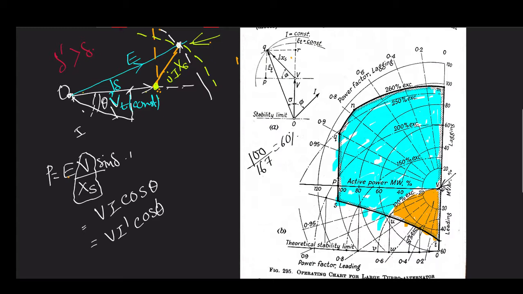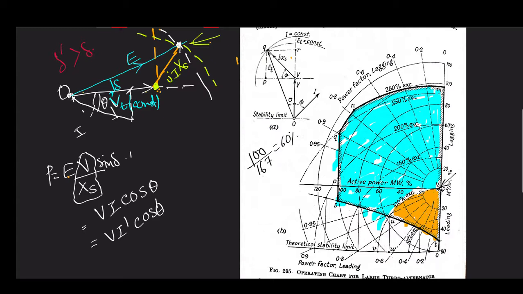Now, if we assume that the machine is rated to give 100% of megawatt power at power factor 0.9 lagging, this 0.9 lagging determines this point Q.